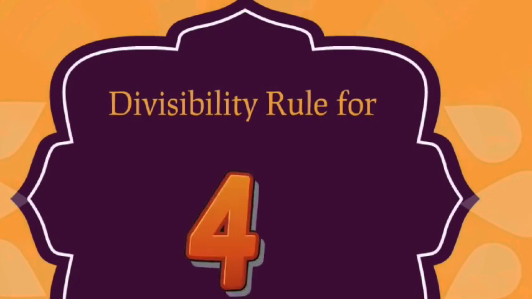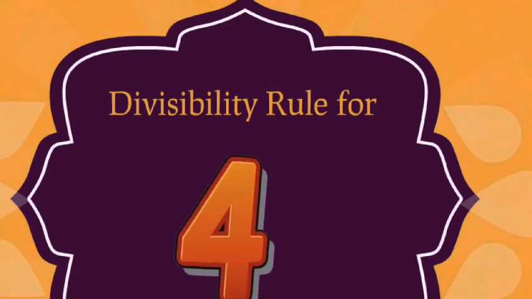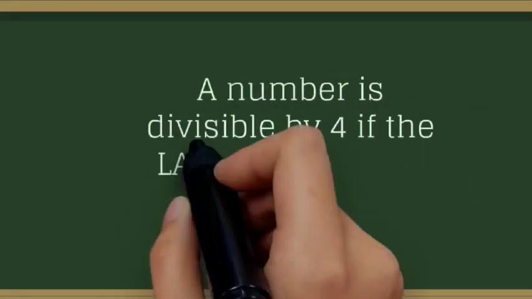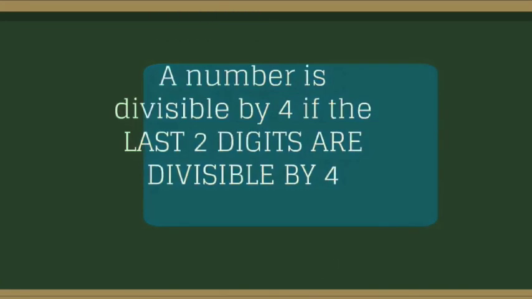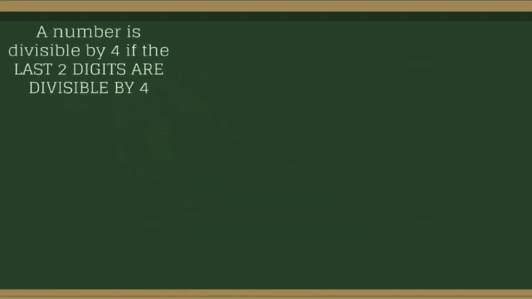Divisibility rule for 4. A number is divisible by 4 if the last two digits are divisible by 4. You simply check the last two digits.